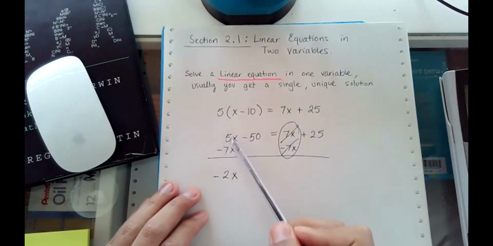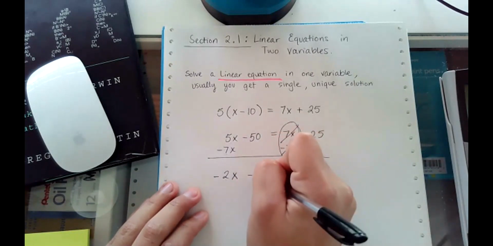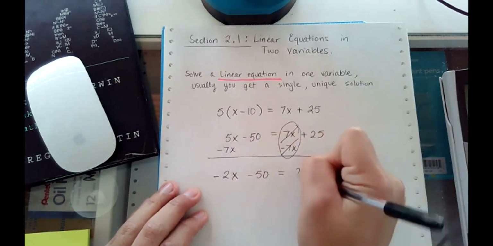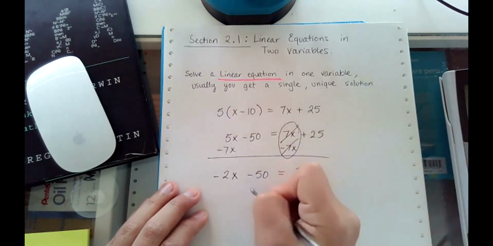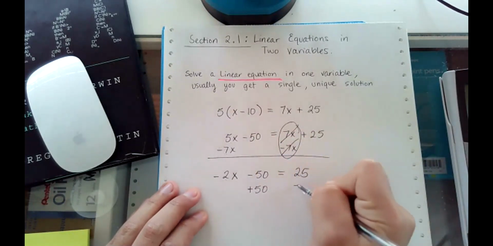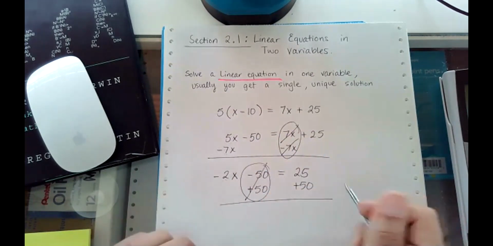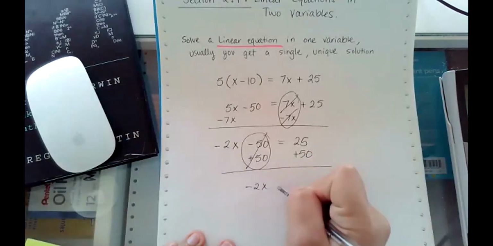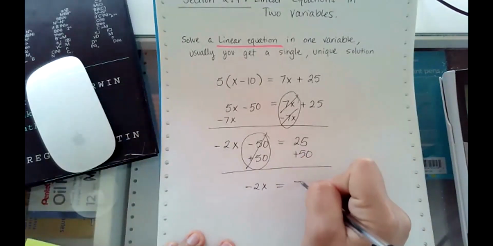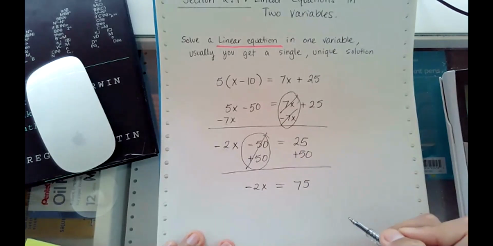Again, here it's just like a really neat trick to think about money. 5 minus $7, you're in the hole $2. Minus 50 is equal to 25. I'll go ahead and add the 50 over to the other side so that these quantities cancel out. I'll bring the negative 2x down, and that should equal 75.